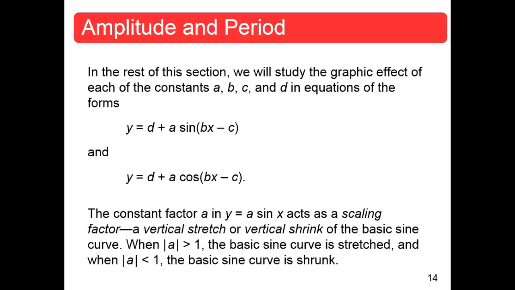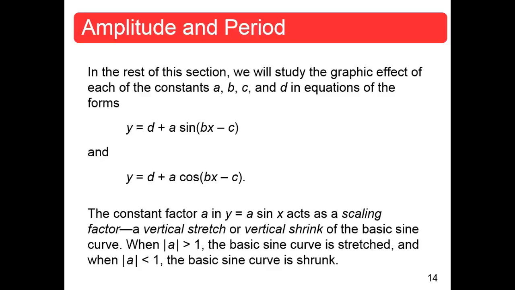So we're getting way ahead of ourselves. Let's start with this first one. Just the A. Forget the D, forget the B, forget the C, minus C, just A sine x. The constant A in y is equal to A sine x, just like that 2 was before, is a scaling factor, a vertical stretch or a vertical shrink.